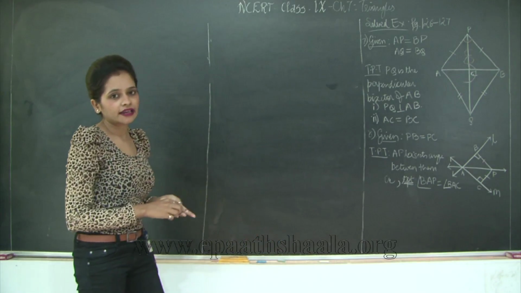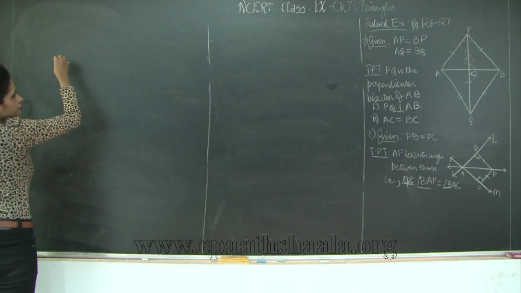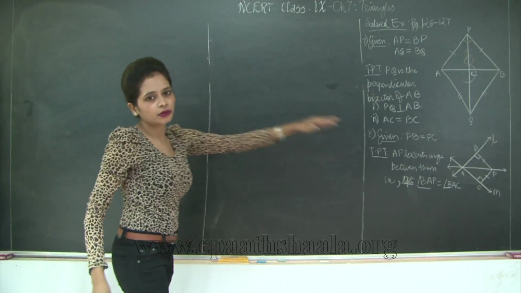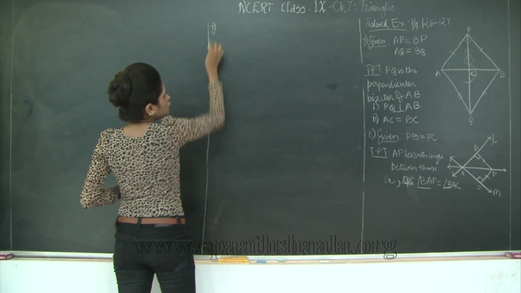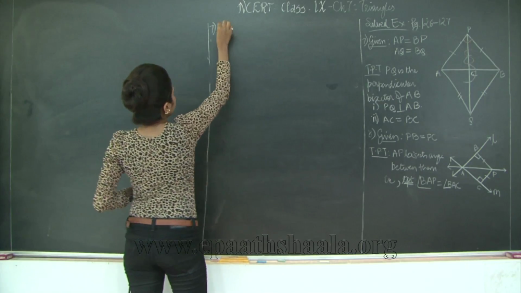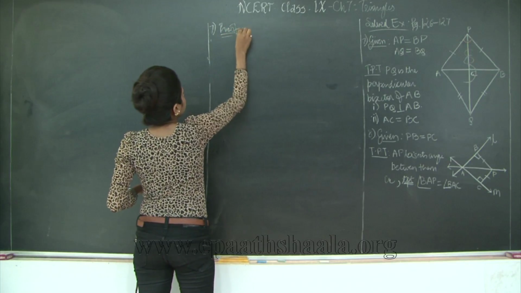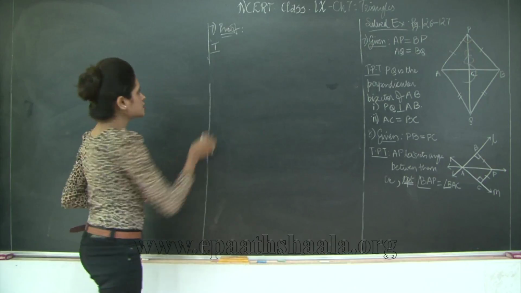So let's go ahead and write the proof. Should I just write the proof here and then we'll erase and write it for question number 8 as well? So my 7th one, proof. This is part 1 where I am proving the two large triangles congruent.